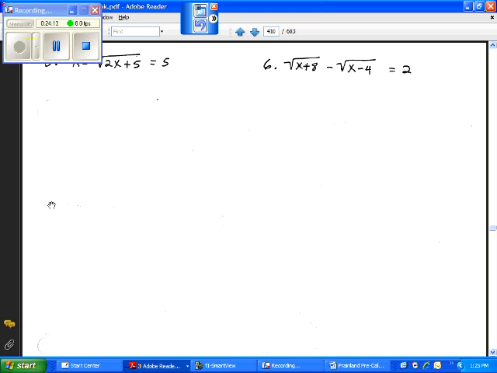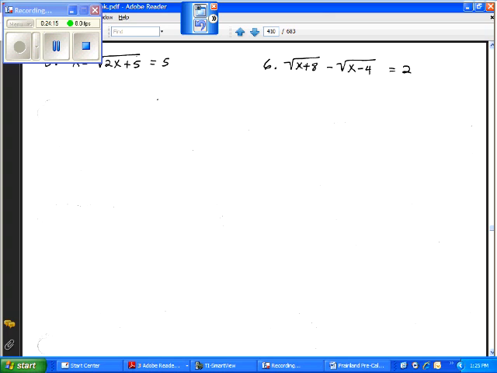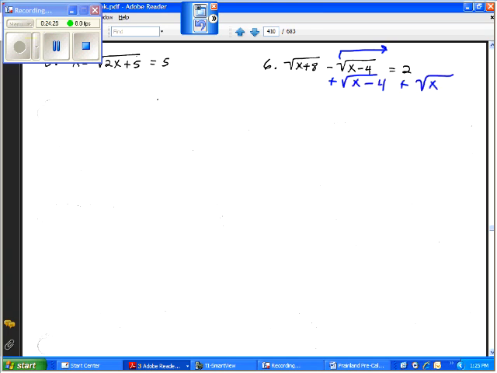Oh well. Okay, so this time we have 2 square roots, but what we're going to do is we're going to isolate one of them, okay? So we'll move this one to the other side, remembering to change the sign when we cross over. And so we're going to have square root x plus 8 equal square root x minus 4 plus 2.